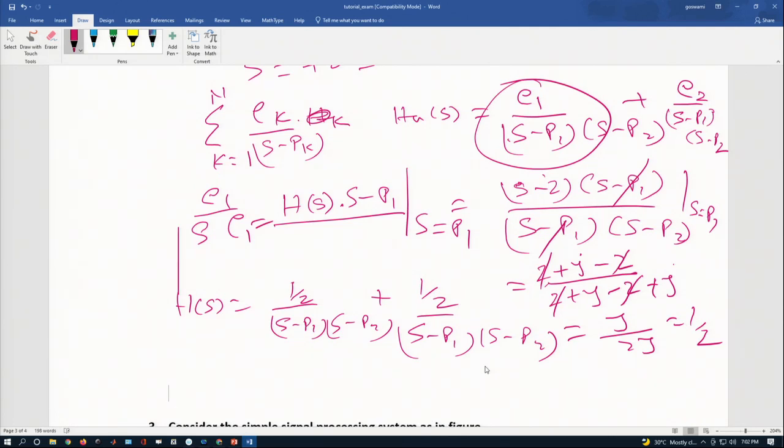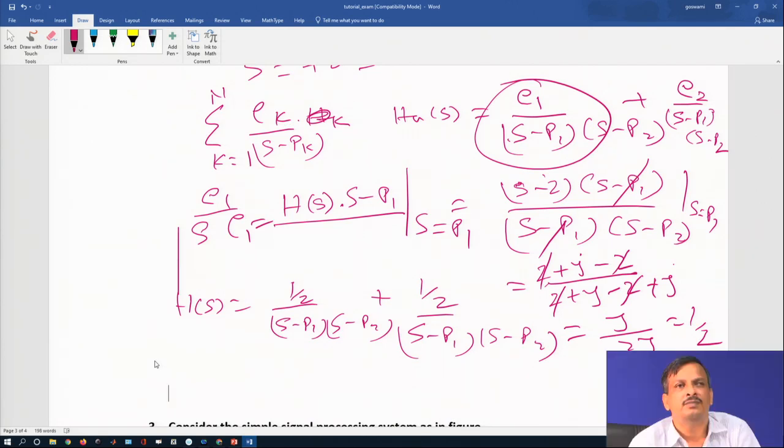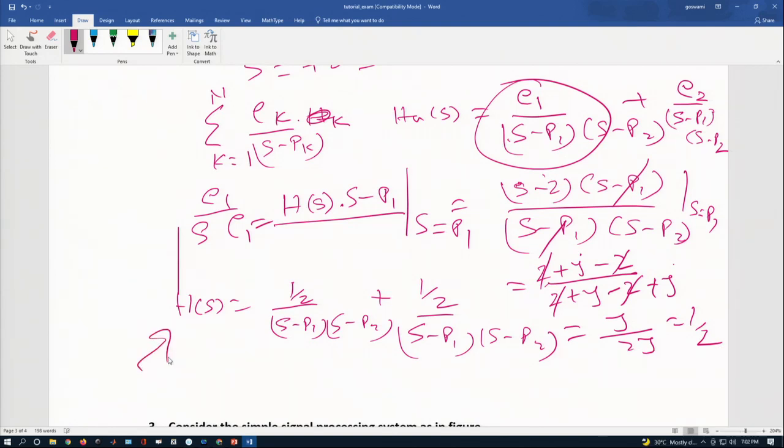Now, I know what is the value of S, what is the value of Z. So, I put that S and Z, I get that value. So, that way you have to determine that Hz, because I have to find out the Hz.